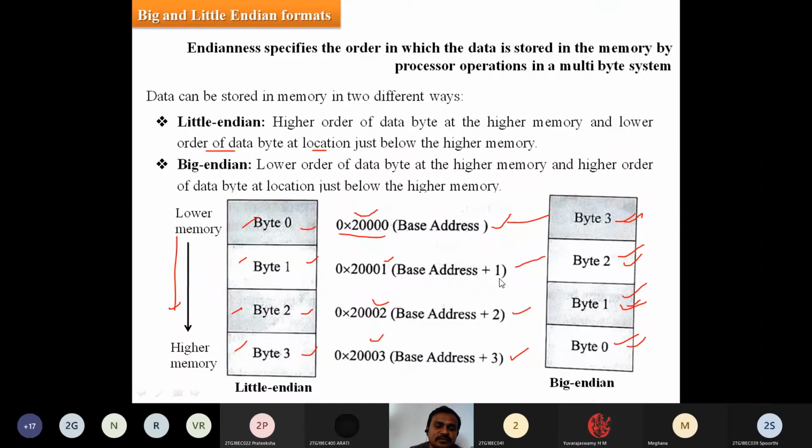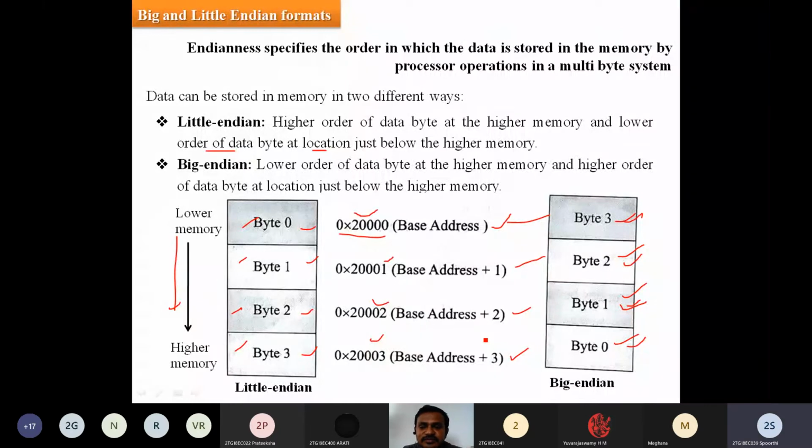Spurti, EC039. Unmute and give me the answer for this Big Endian example of 7 bytes. We have to take from 7, 6, 5, 4, 3, 2, 1, 0.